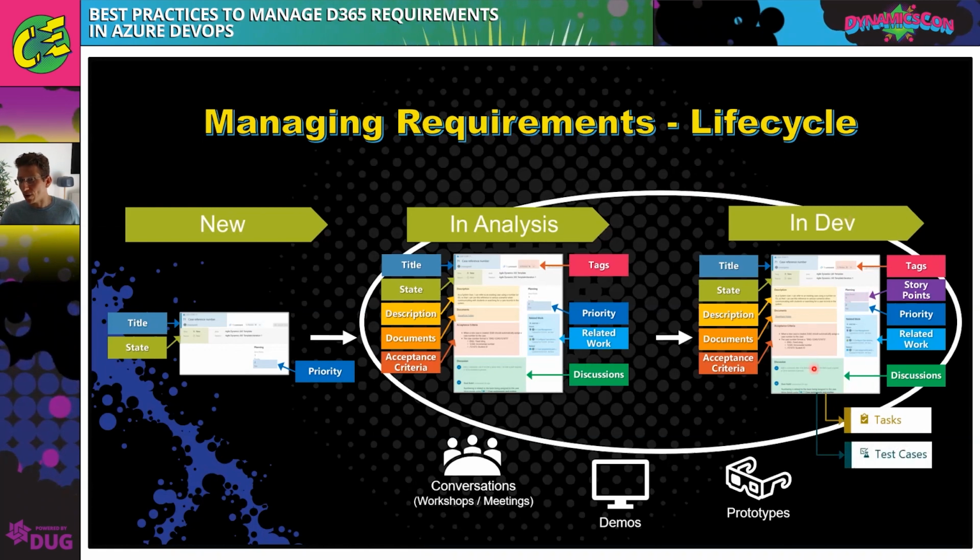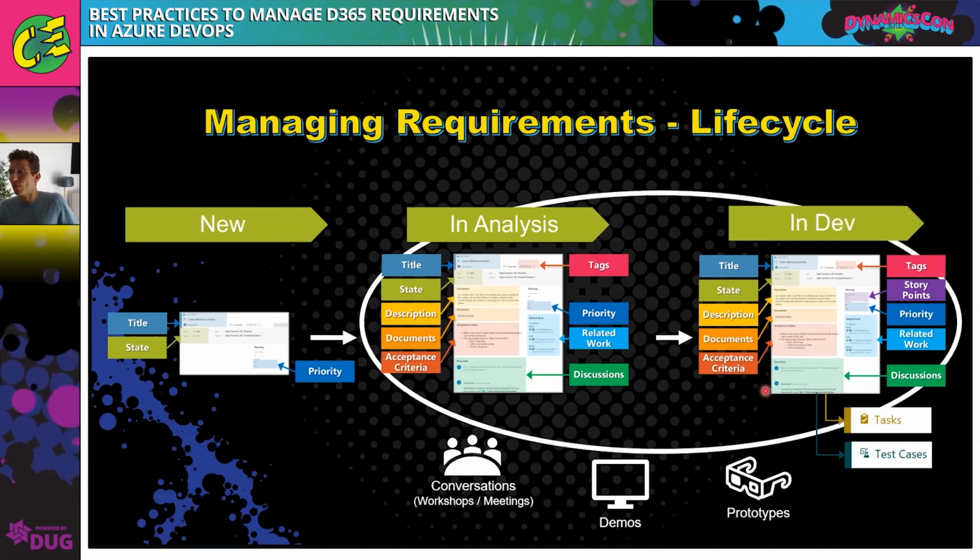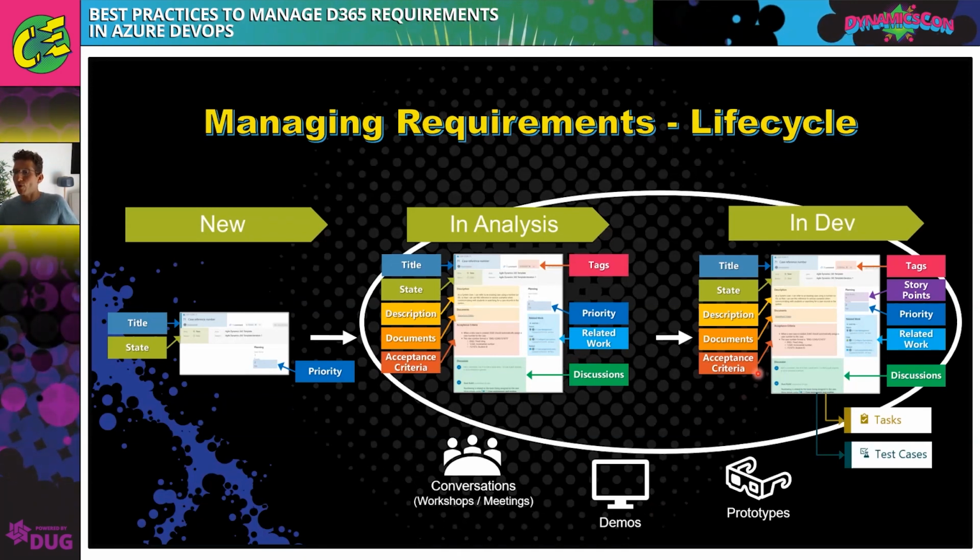Once your story is in dev, you can continue populating and updating that story. I left conversation, demo, and prototype here because going from analysis to design doesn't really stop that. The conversation keeps on happening. I want to keep on showing dev progress to my team and demo how I progress on things.